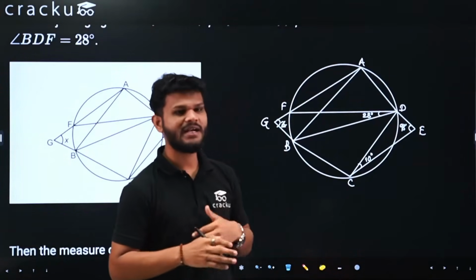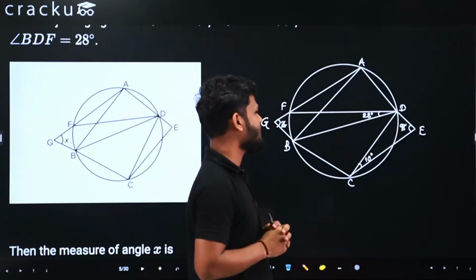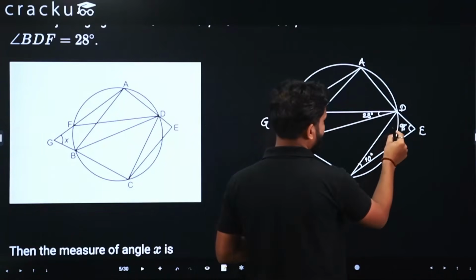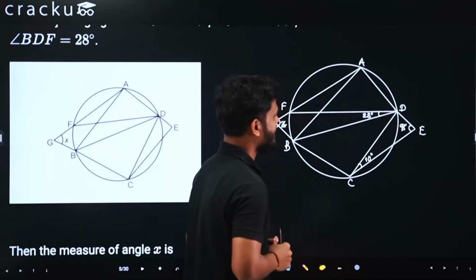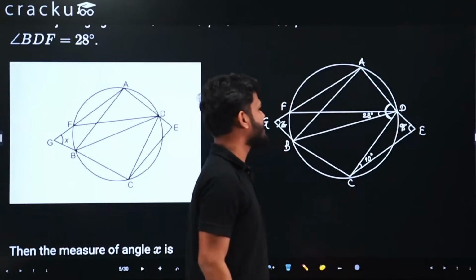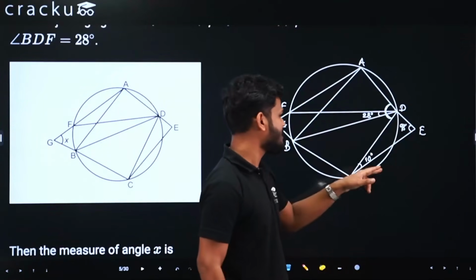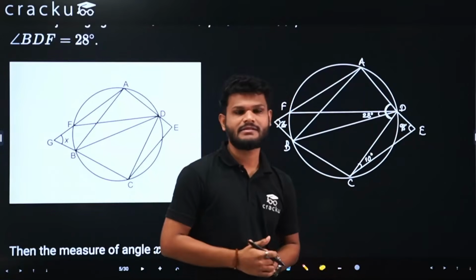Let us first find out some angles which we can find out by the given angles. Now if you see here, this is 10 degree, this is 98 degree, right? What will be this complete angle? This complete angle will be the sum of these two angles. Why?